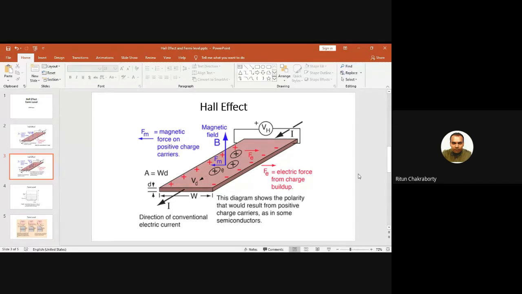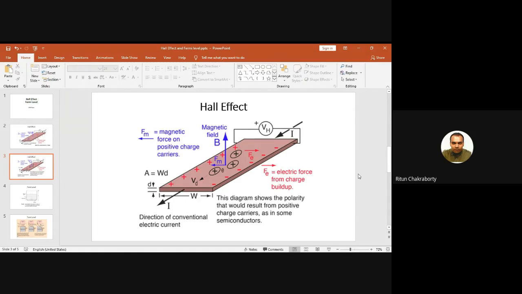So you just remember this formula. Jx is nq Vx, where n is the carrier density, q is the charge, and Vx is the velocity component along the x direction. Similarly will be the corresponding values of J along the y and z components.